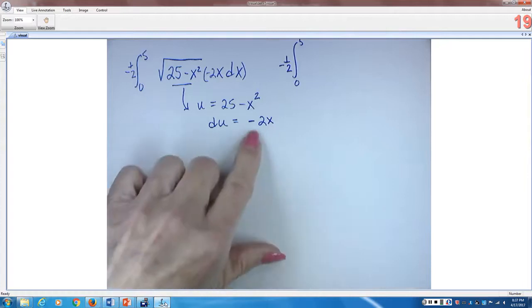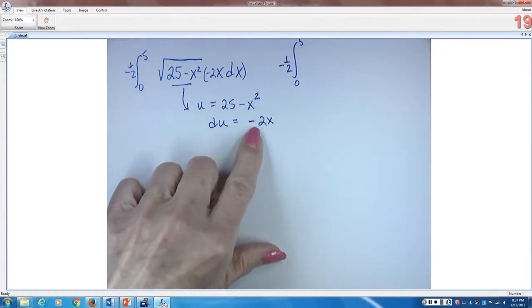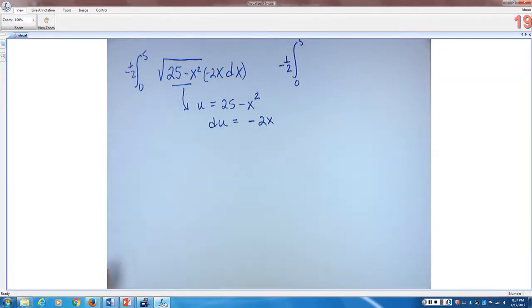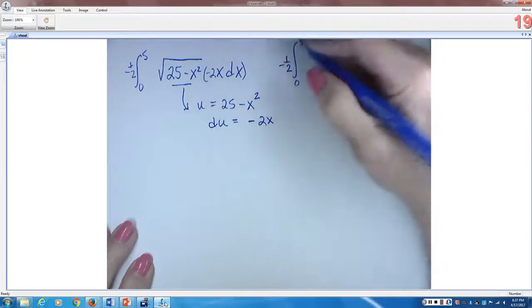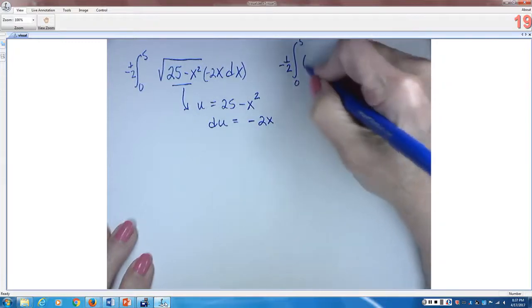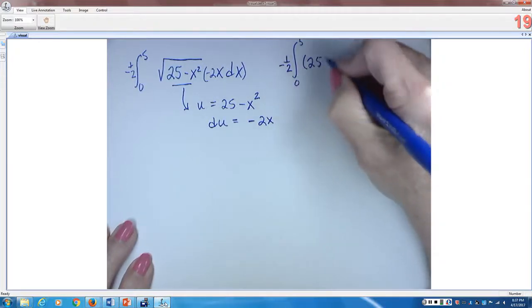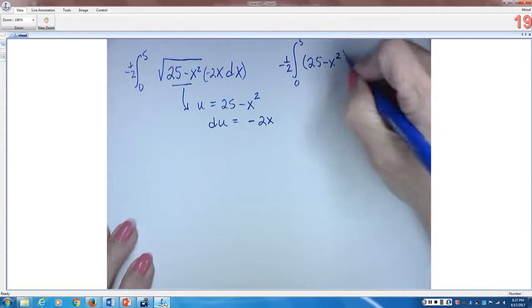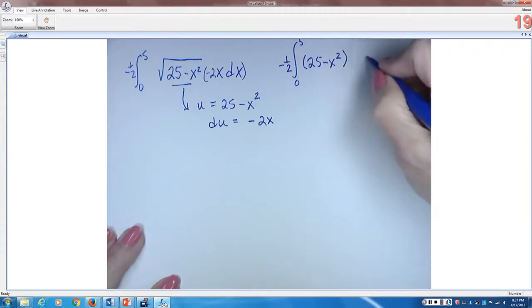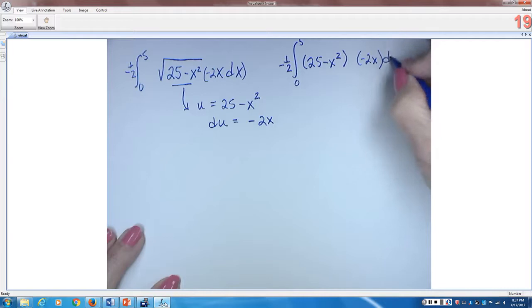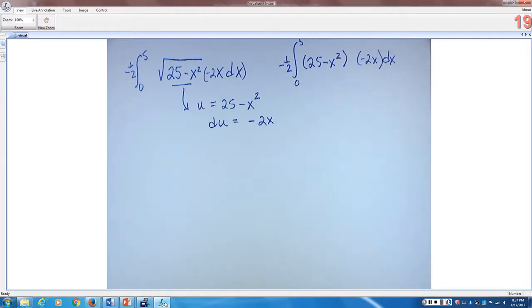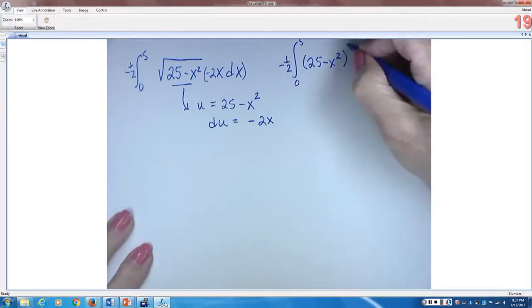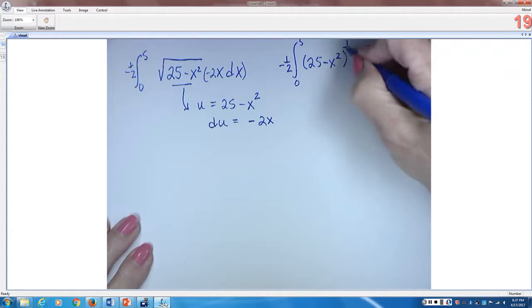Because if what I put in is negative, I take the reciprocal, but it still has to be negative. And then that's going to be 25 minus x squared, negative 2x dx. And this 25 minus x squared is raised to the 1/2 power.